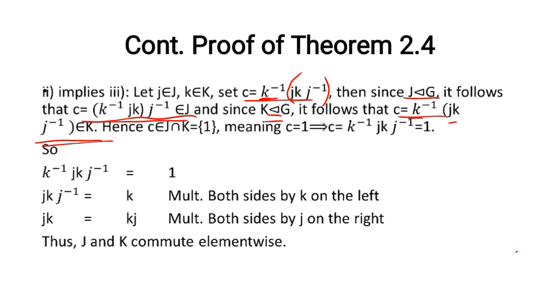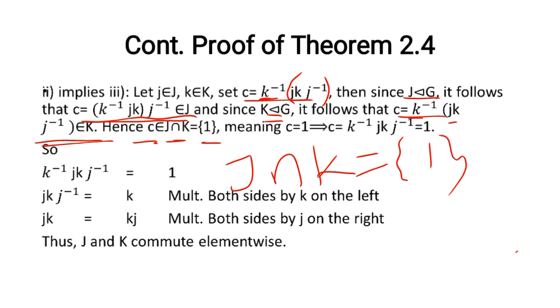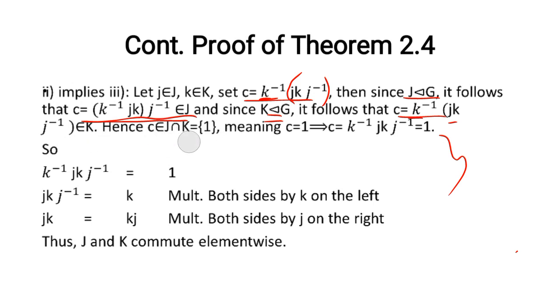What does that tell us? Clearly that C lies in J intersection K, and it is 1. Why is it J intersection K? Because already we know that J intersection K is the same as the singleton set with 1 in it, right? Okay, so that's why we're able to know that. Otherwise, if we didn't know what J intersection K was, C wouldn't be in it.